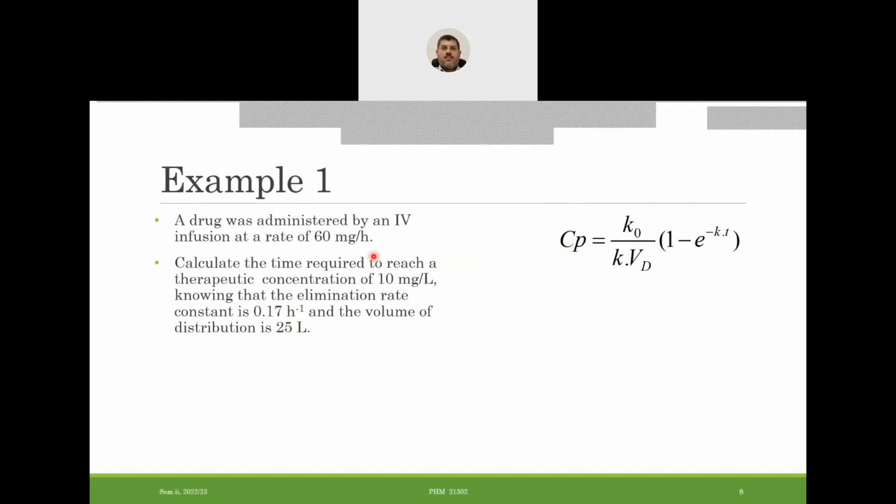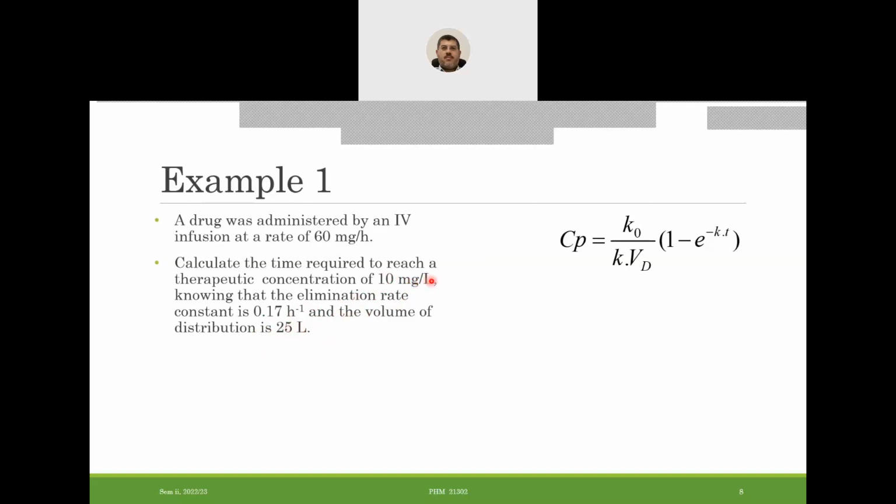Before you start answering, you have to be sure that all the units are the same. Here, milligram per hour, so K should be per hour. If they give you the infusion rate in milligram per minute, for example, or microgram per minute, then you have to convert minutes to hours to match K. Concentration is milligram per liter, and volume of distribution the same, in liters. If they give you concentration in milligram per ml, for example, you use the same equation while your volume of distribution is in liters.